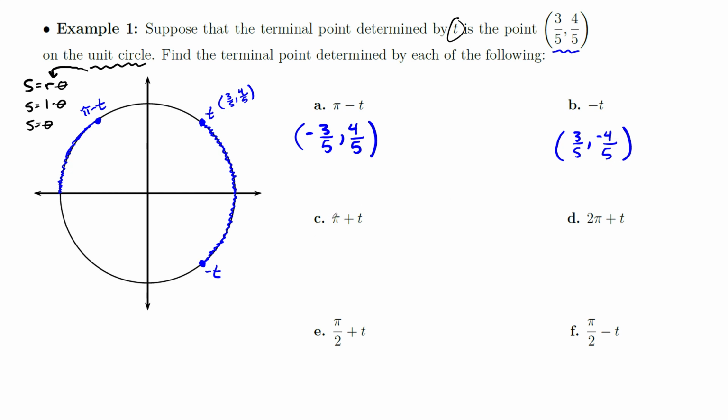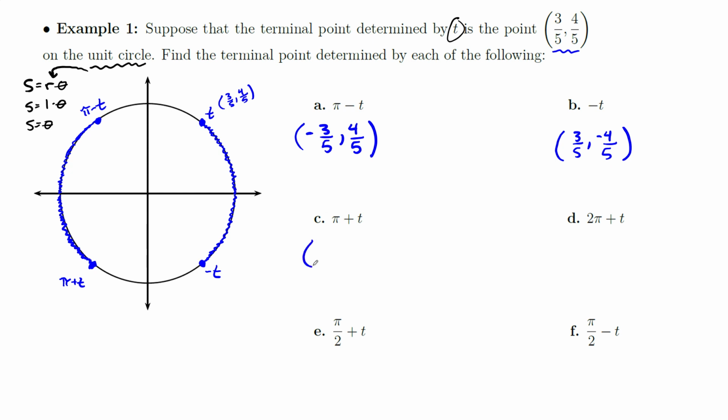And then C here, pi plus t. I'm going to go pi, but I'm going to continue to go in the positive, or counterclockwise, direction t. So I'm going to go that same distance t, but this way from pi. And so that's pi plus t. That one looks like it has the opposite x and the opposite of y of t.